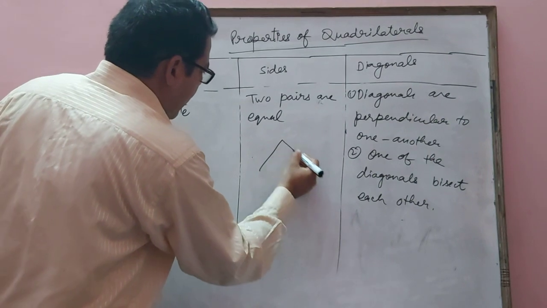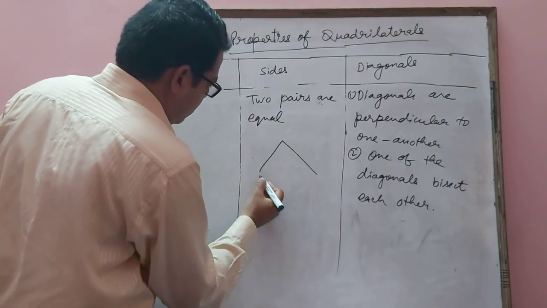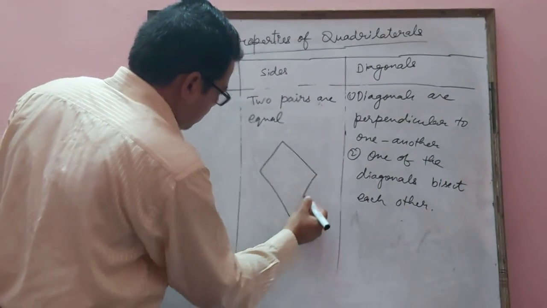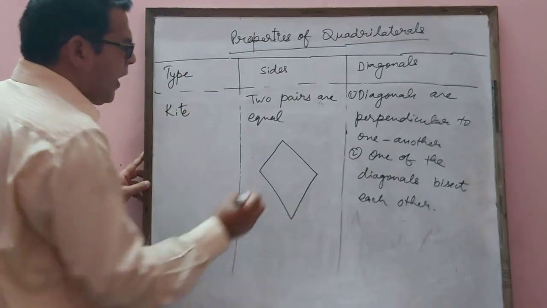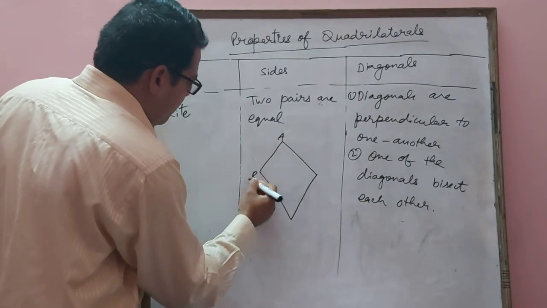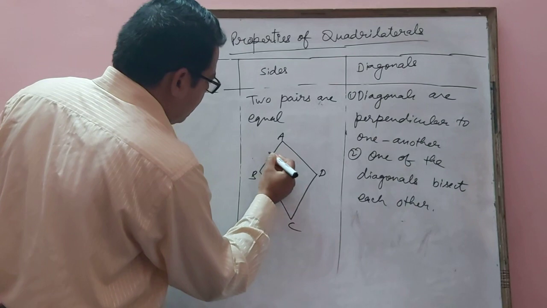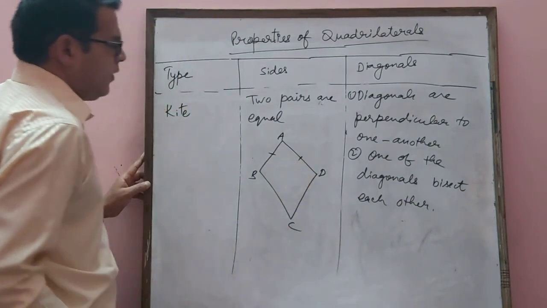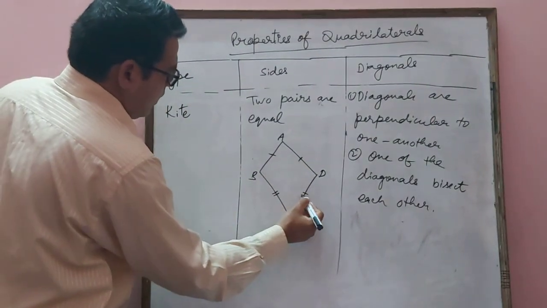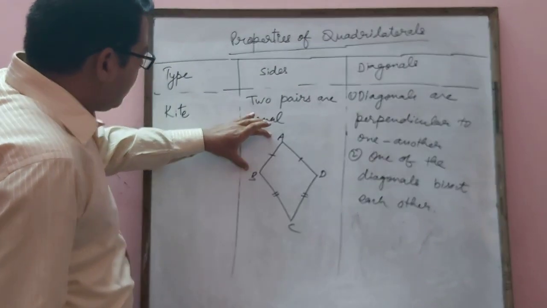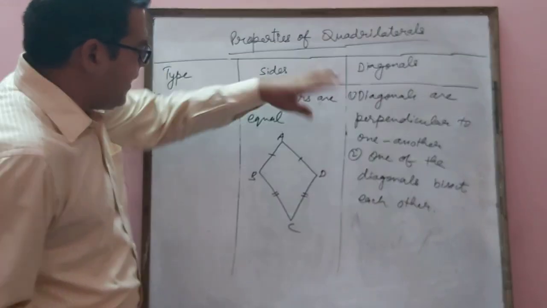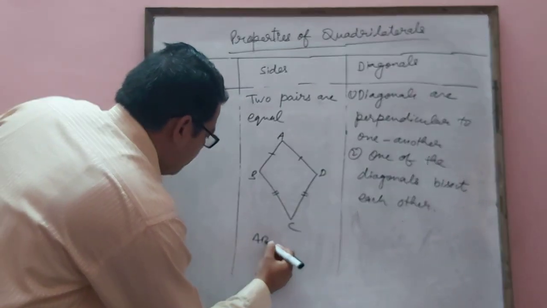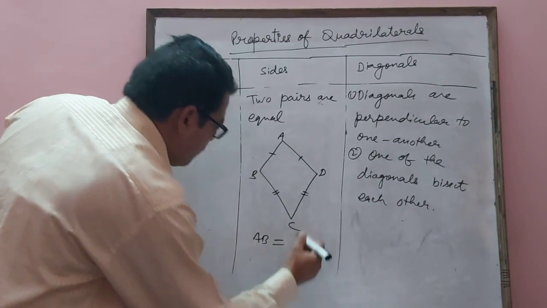Let me draw the kite first. This is an example of a kite. This is A, this is B, this is C, this is D. AB equals AD, right?